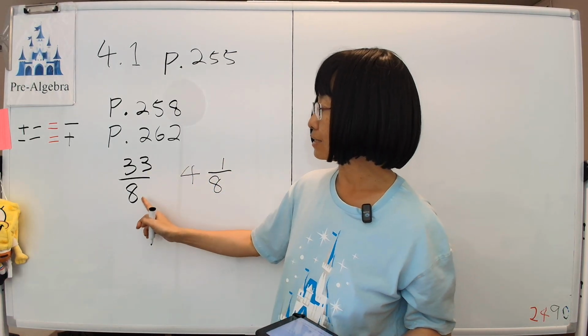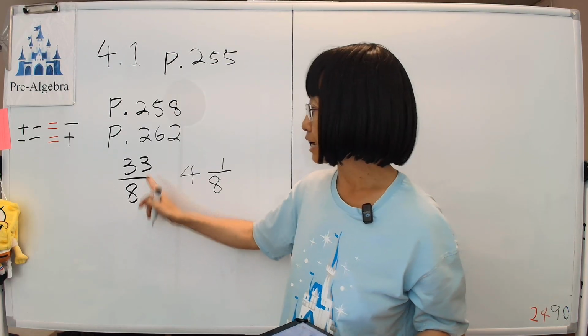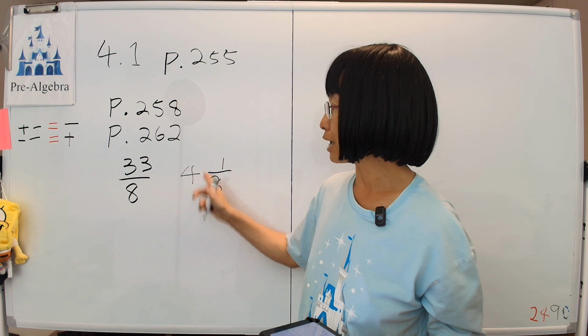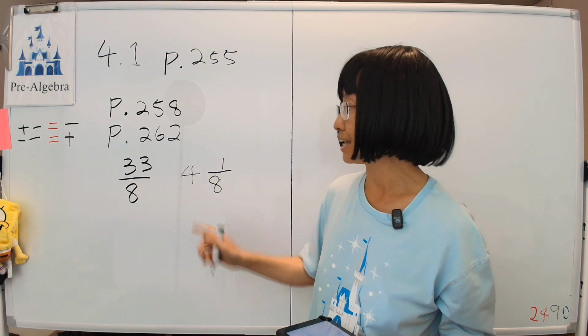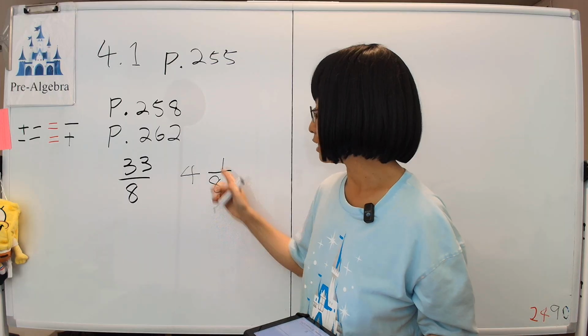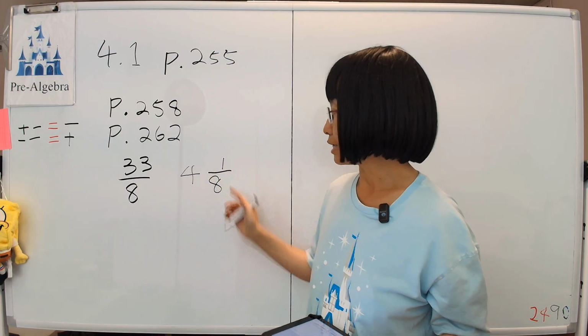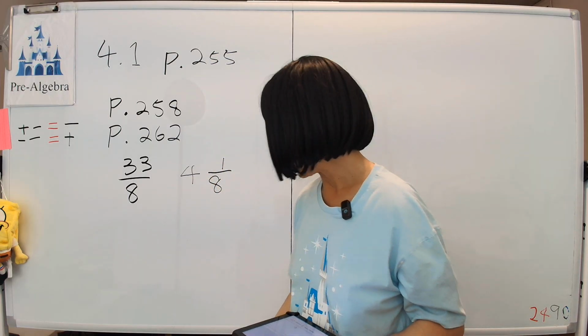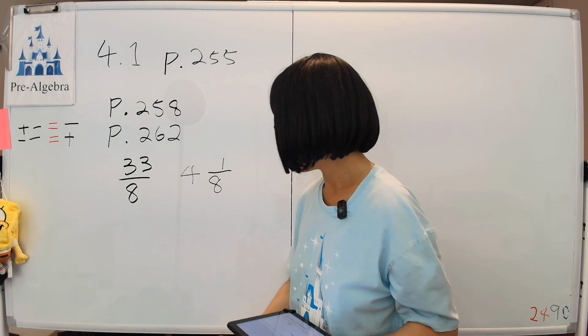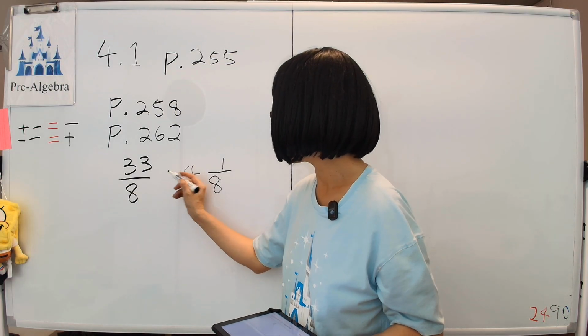If you have a pie that's divided into 8 pieces each, and you have 33 pieces, you actually have 4 whole pies. That accounts for 32 of the pieces, and then an extra piece that is the 1/8 of the pie. So that is how the improper fraction is turned into the mixed number.